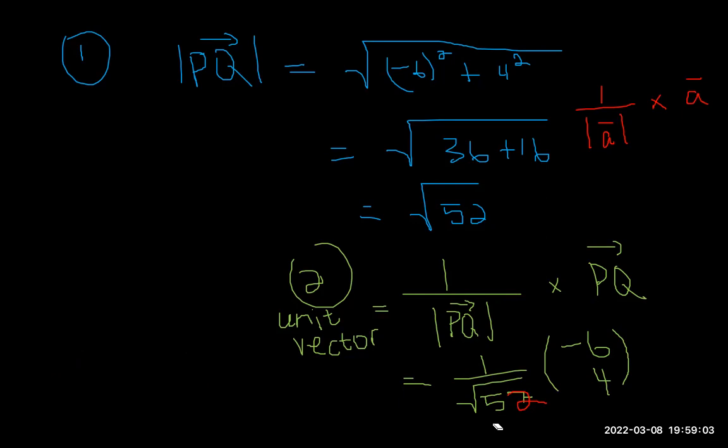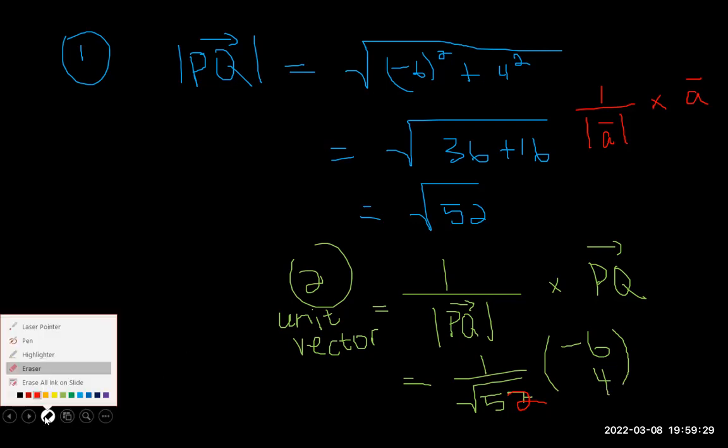Do you understand that? Yes, Miss. You cannot leave it as the square root of 52. And you cannot leave it like 1 on the square root of 52 by minus 6, 4, because they ask for the simplest surd form.